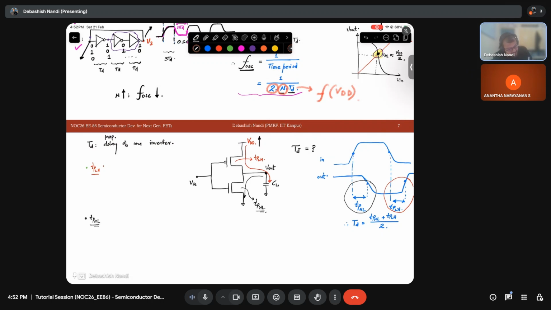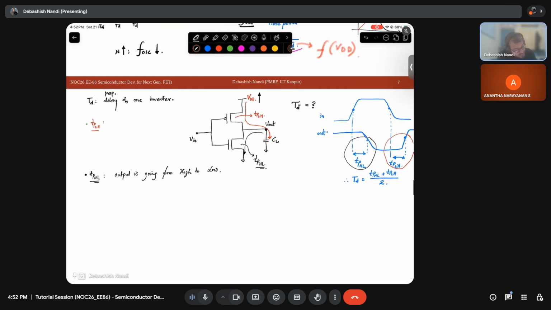TPHL is output going from high to low. Output is high means this is VDD, and the NMOS is on. So this is my CL and this is my NMOS.